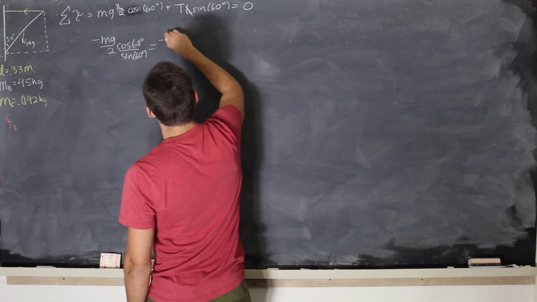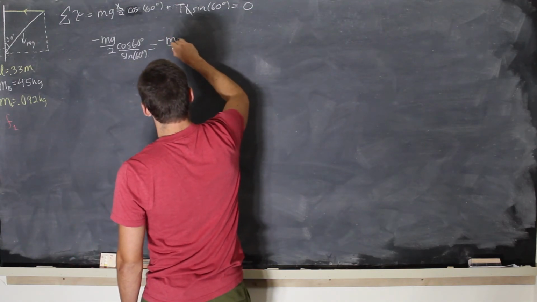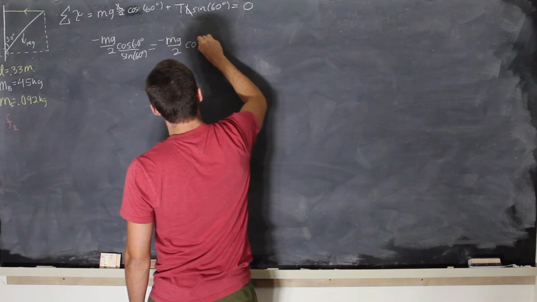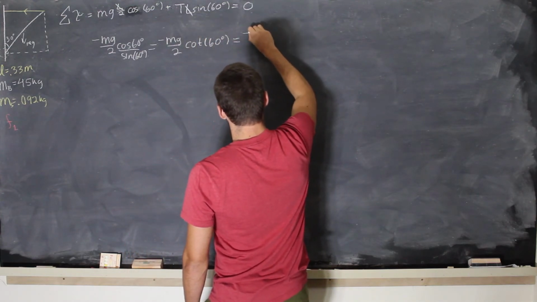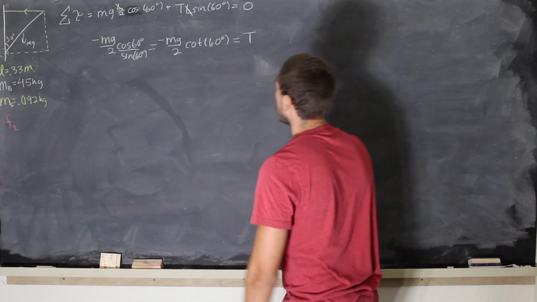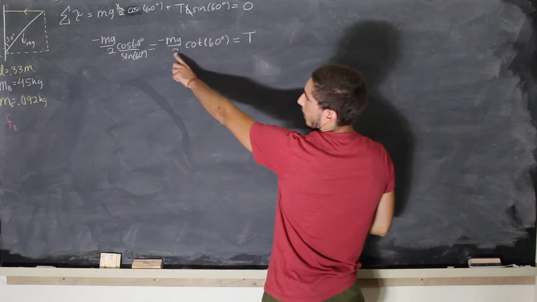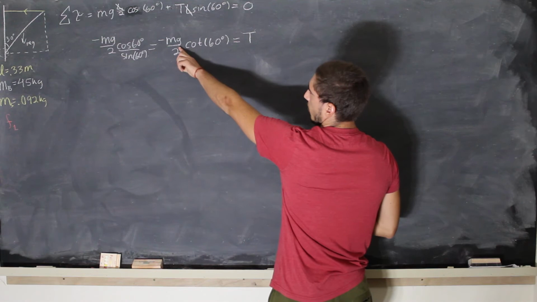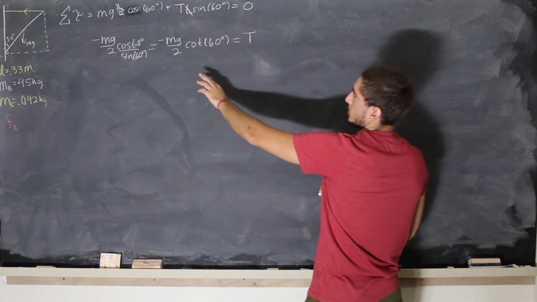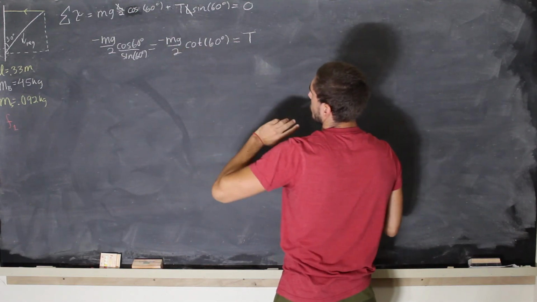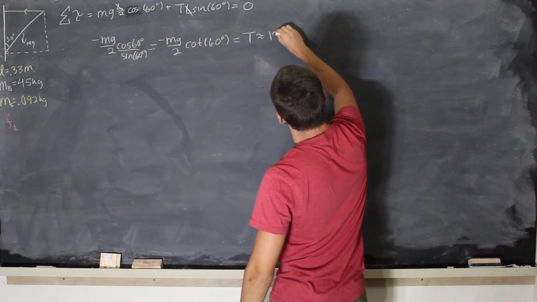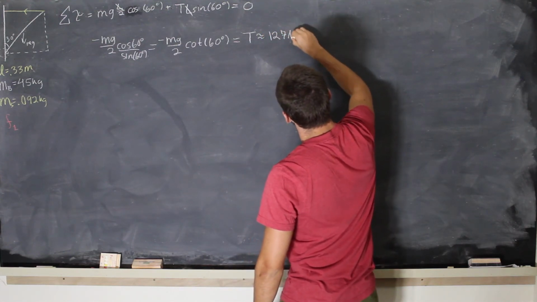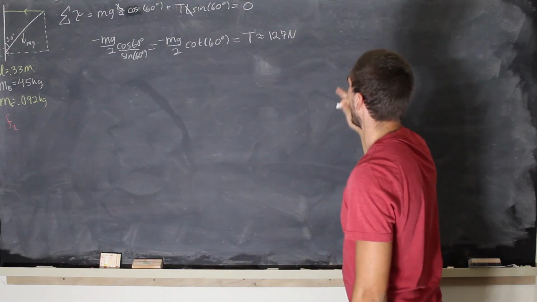That's going to be equal to negative mass gravity over 2 cotangent of 60 degrees, and that's going to be equal to T. And I believe that when you plug in mass 45 kilograms, gravity negative 9.8 meters per second squared, and cotangent of 60 degrees, we're going to get roughly 127 newtons.